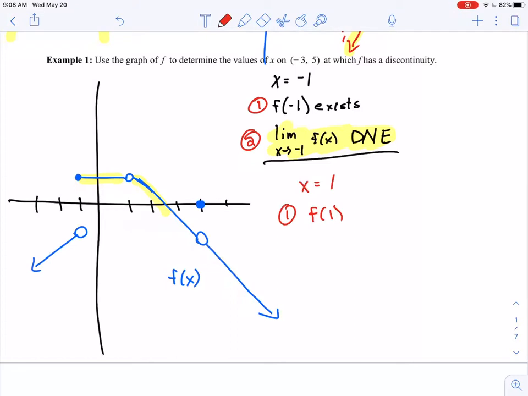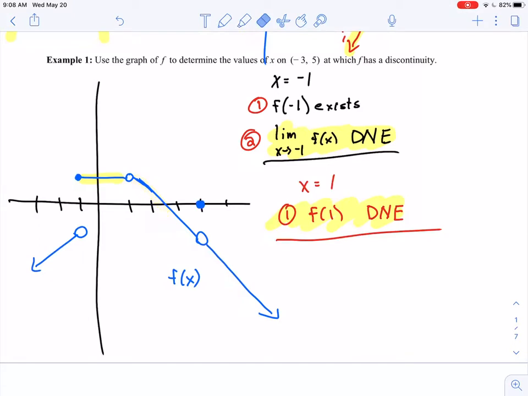So when it comes to determining why this function is discontinuous, it's because f of 1 does not exist or is undefined here. And that's all I need to do. So this is the reason why that function fails to be continuous at x equals 1, why it is discontinuous at x equals 1. So all right, let's continue on.